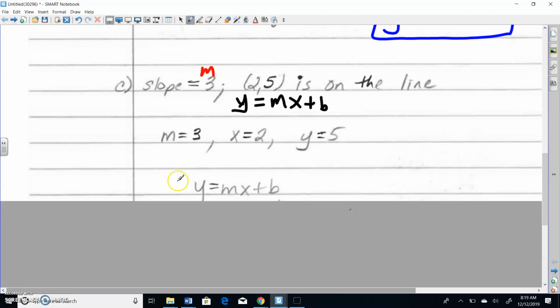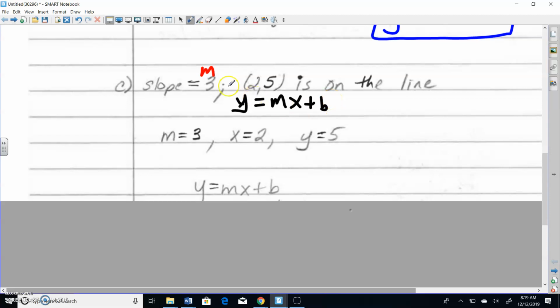So going back to this equation, where I see m, I'm going to plug in 3. Where I see x, I'm going to plug in 2. Where I see y, I'm going to plug in 5, because none of the information we've been given is the y-intercept. It's a point on the line, but that's not the y-intercept, and it's the slope. To put it in this equation, we have to know what the y-intercept is.